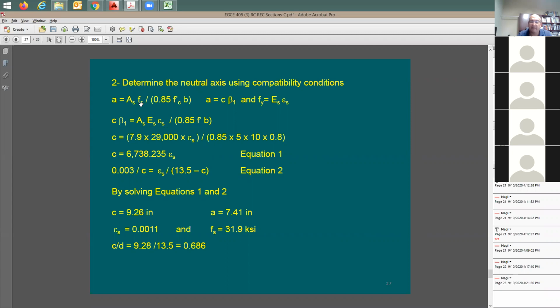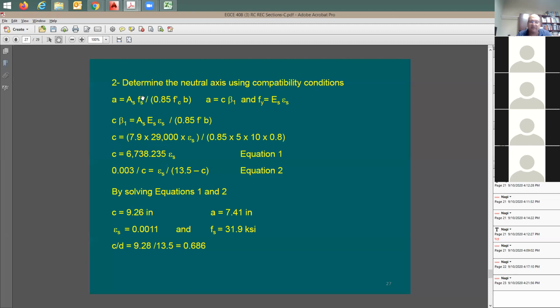And with that, the problem was very simple. It was much easier because I was able to solve for a, take the a, find c, and then after you find c, c over d, you get the phi factor, and then you're done. Now, in this case, I cannot solve it this way because I don't have this f s. So f s is going to be one of the unknowns.